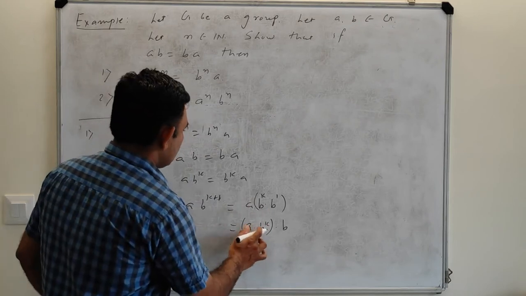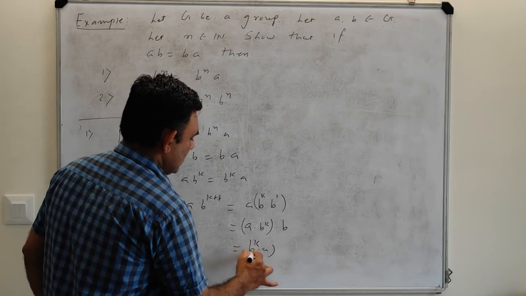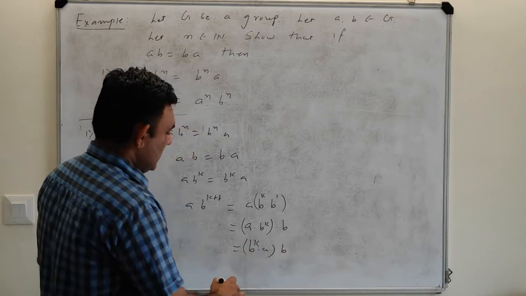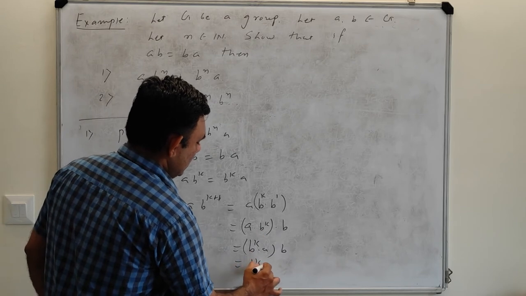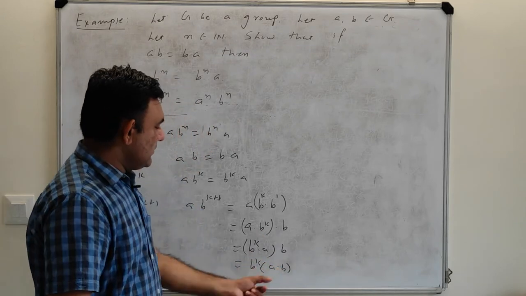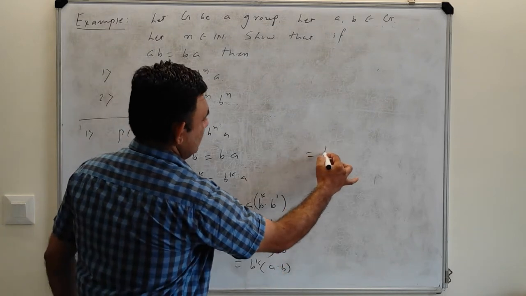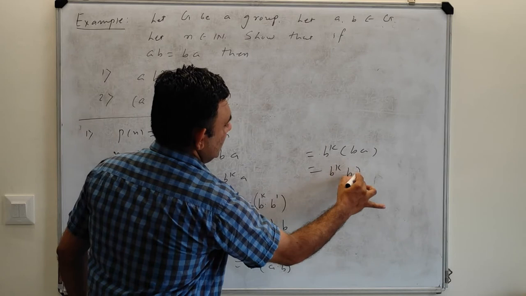Now AB raised to k is B raised to k times A, into B. So now again you use the associativity. So B raised to k into AB. Now AB equal to BA, so it is B raised to k into BA. Again use the associativity.